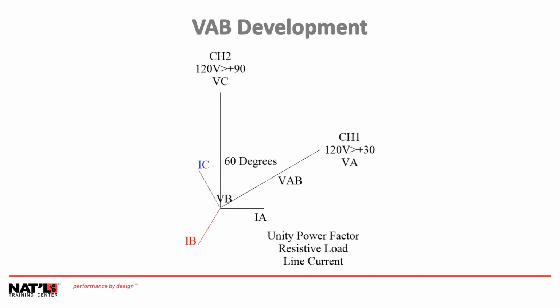In this case, VA direction for VAB development. Well, since VB is at the neutral point, you can see that VAB is going to be exactly the same as the VA vector. So the VAB voltage will be heading out in the direction of VA.